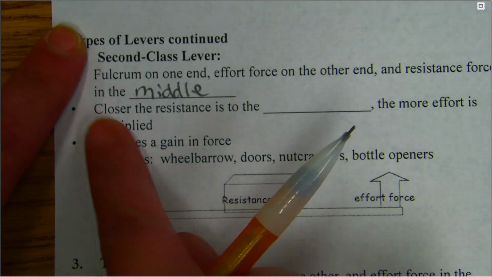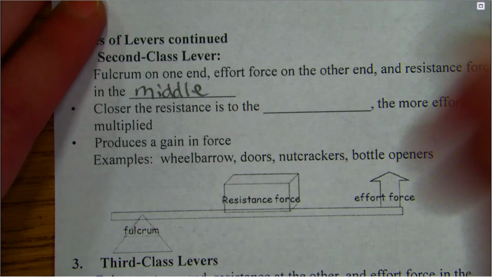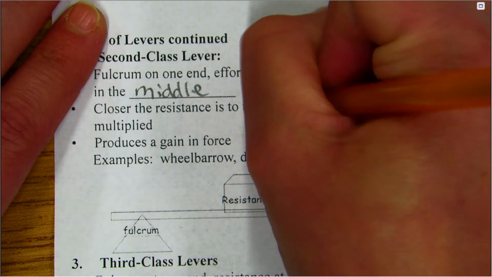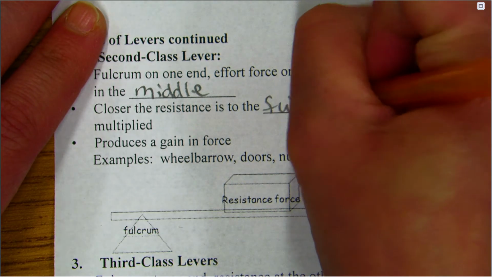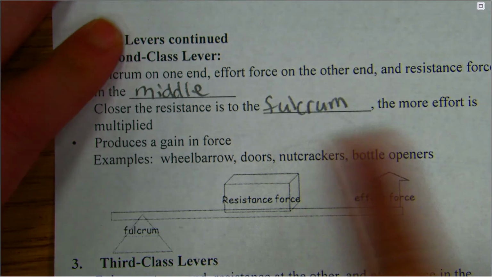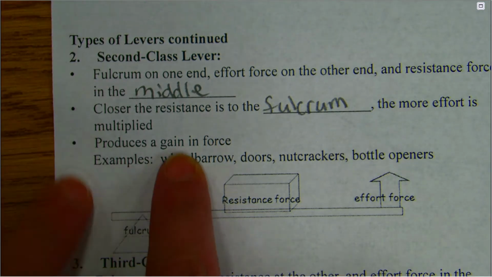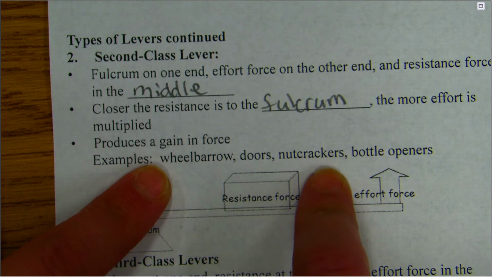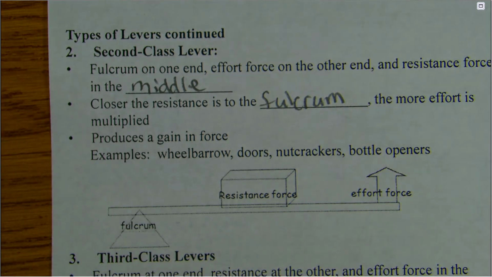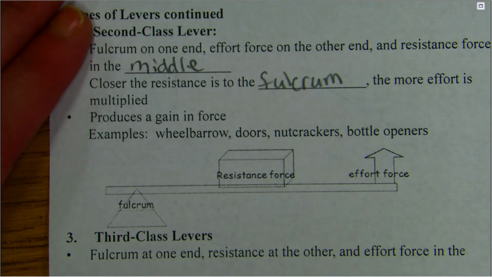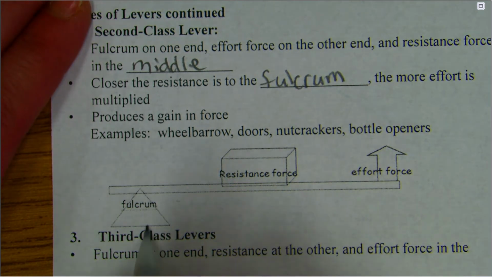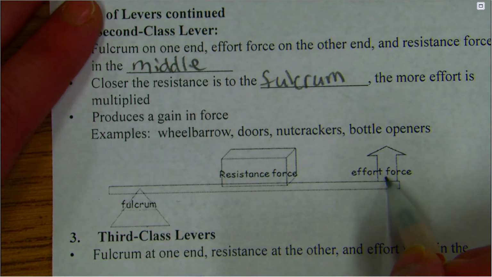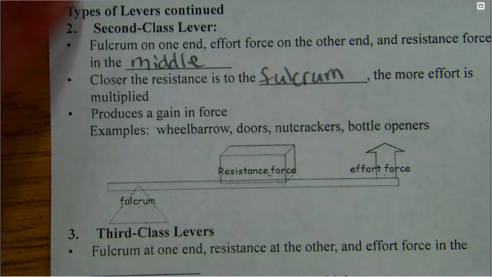The closer the resistance is to the fulcrum, the more the effort is multiplied, and it produces a gain in force. A wheelbarrow, doors, nutcrackers, and bottle openers are all examples of second class levers. So we have our fulcrum on one end, our effort force on the other, and our resistance in the center.